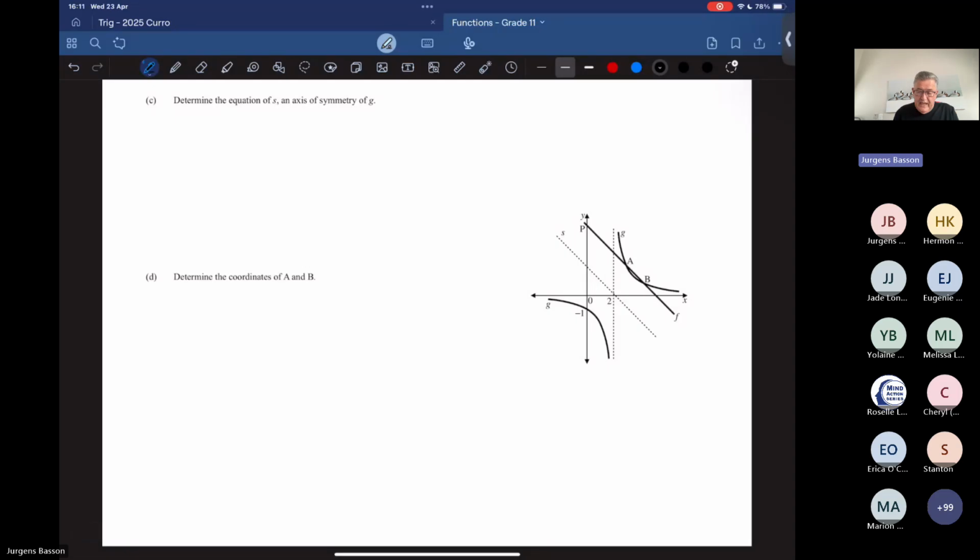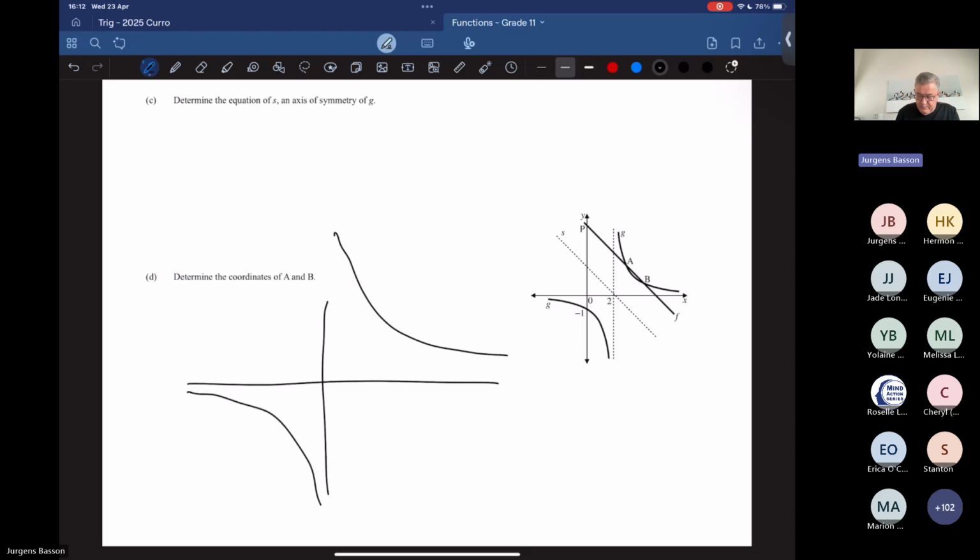Find the equation of S, the axis of symmetry of G. Now, ladies and gentlemen, just to quickly go over this again, you hopefully still remember that a hyperbola has got 2 axes of symmetry. I'm not referring now to asymptotes, but axes of symmetry.